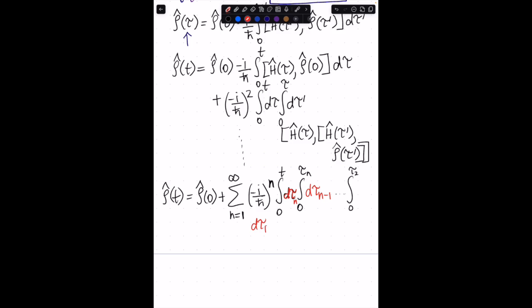Then you have your commutator term, where, by observing the trend, you can write down the nested commutators: Hamiltonian tau n, Hamiltonian tau n minus 1, and so on, to Hamiltonian tau 2, comma, Hamiltonian tau 1, rho 0.